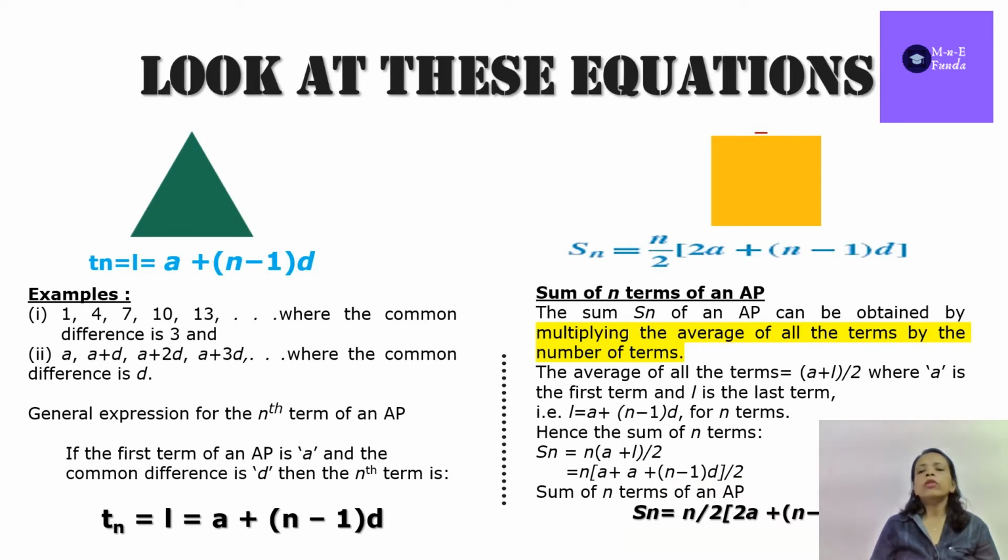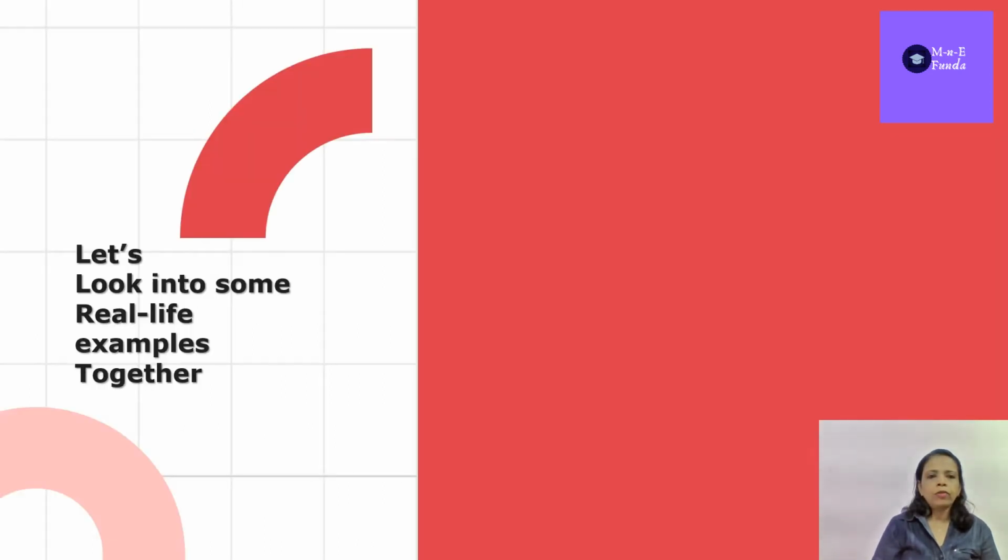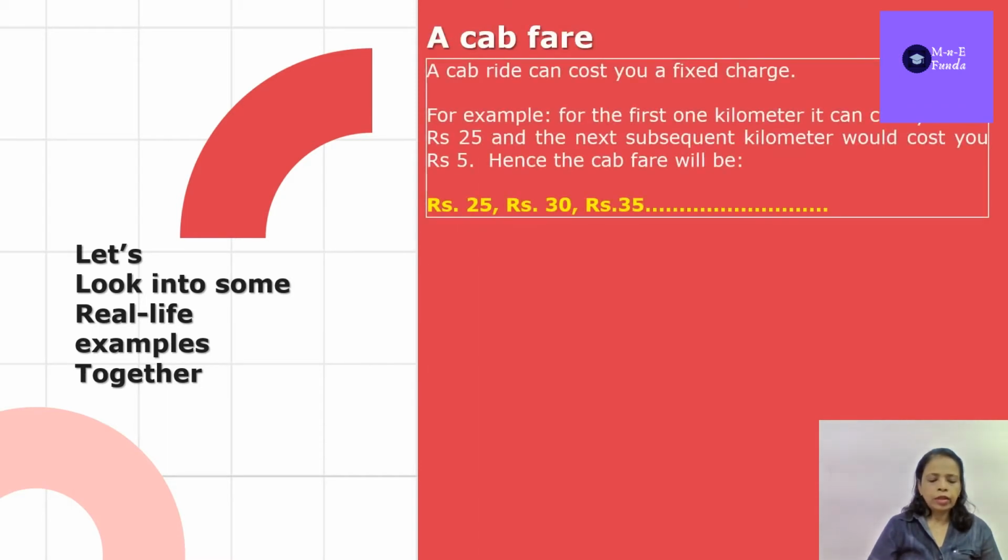Now we take some real life examples of AP. We all saw that during a cab ride there is a fixed price for meter down and every 1 kilometer costs a fixed rate.